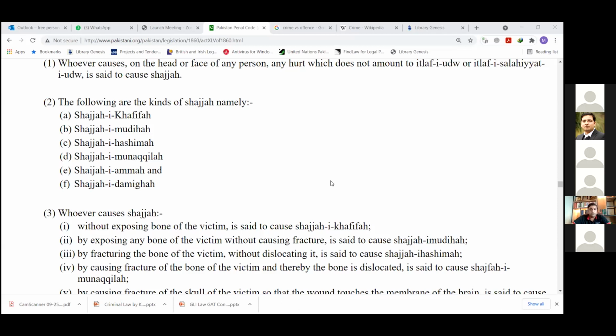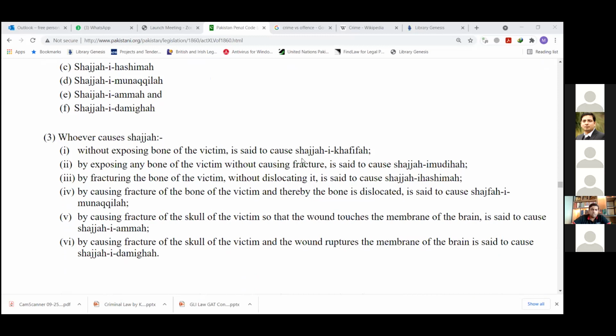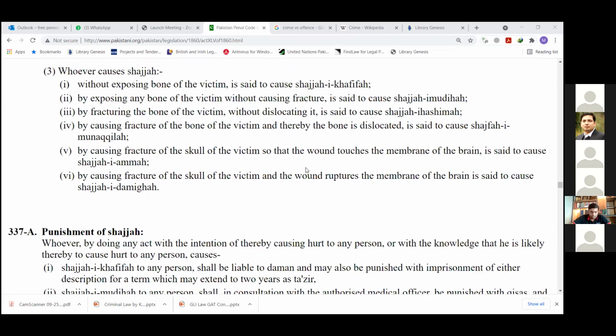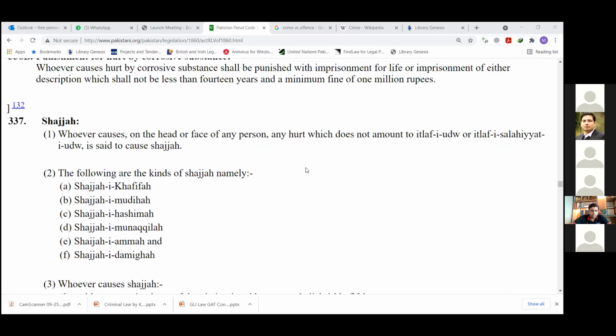Shajjah-e-khafifa, modihah, hashimah, munaqqilah, ammah, and damighah. You see, the shajjah offenses are upper body offenses, which is the head or face of any person.